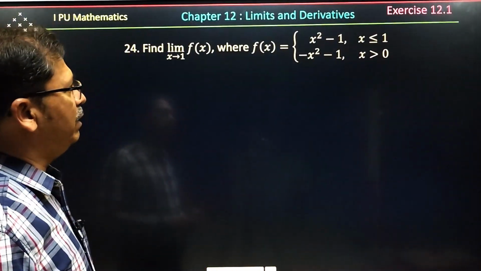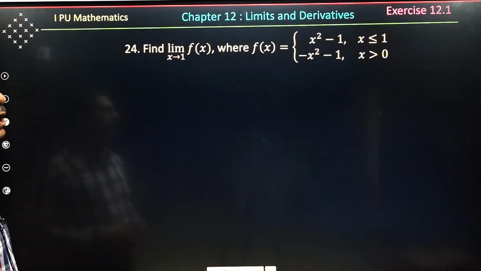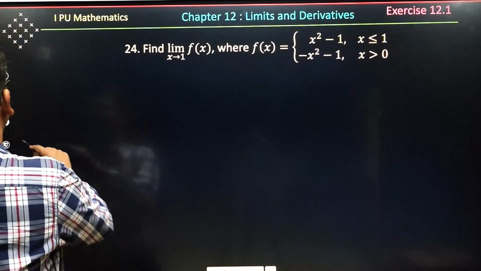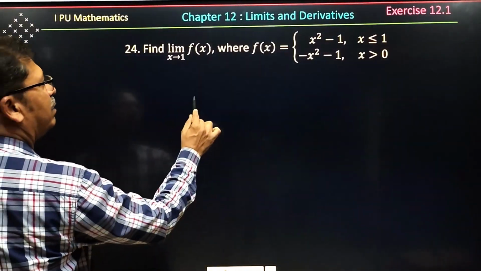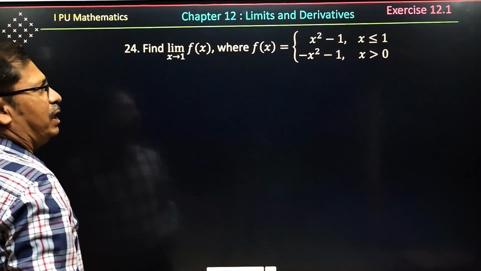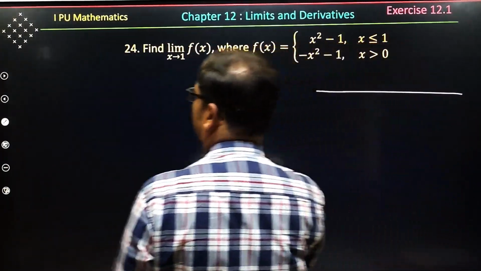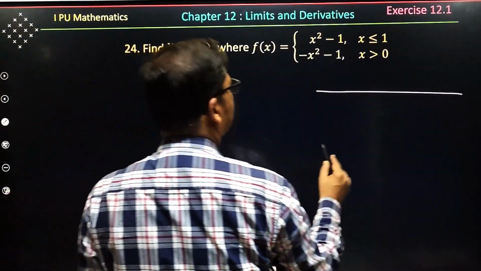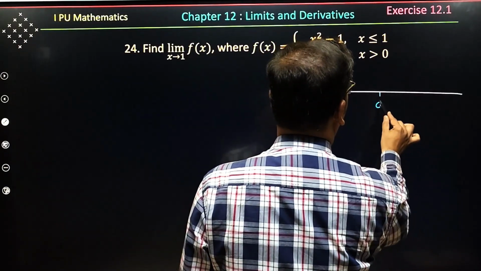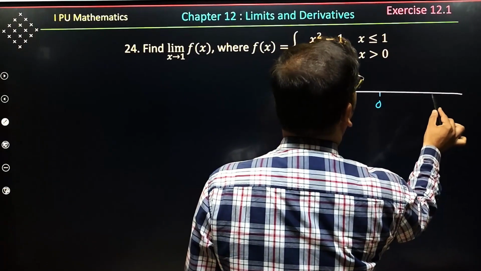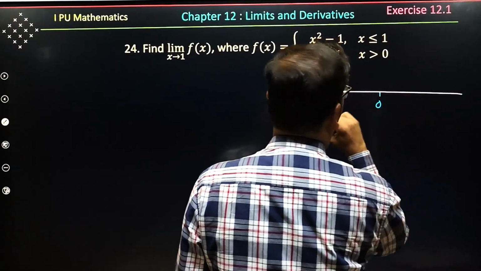x tends to 1, f(x) you need to calculate here. Okay, this is the given function in the neighborhood of 1. See, for your understanding purpose, this is 0 here and then x greater than 0.